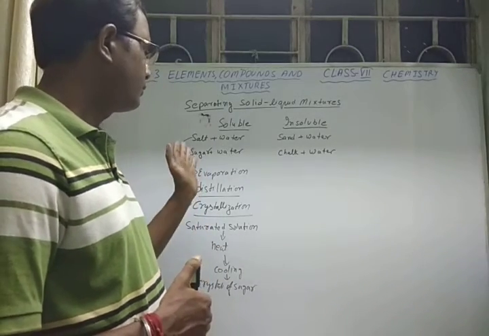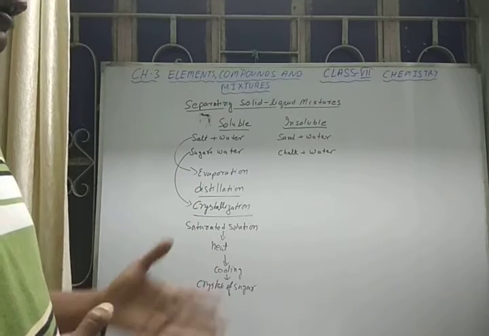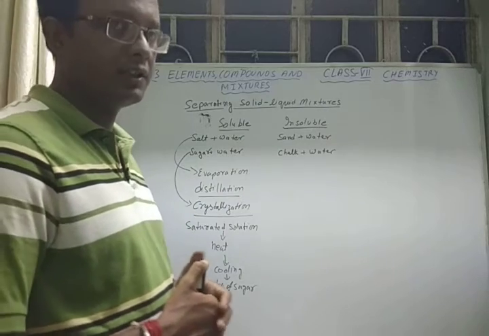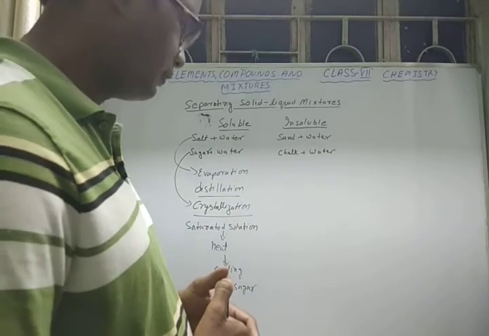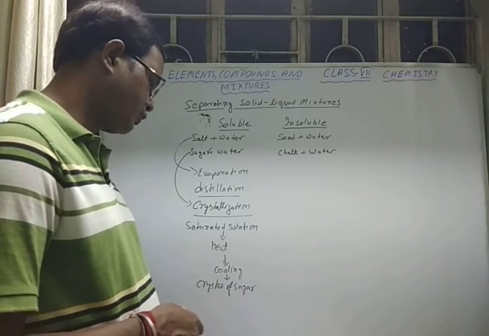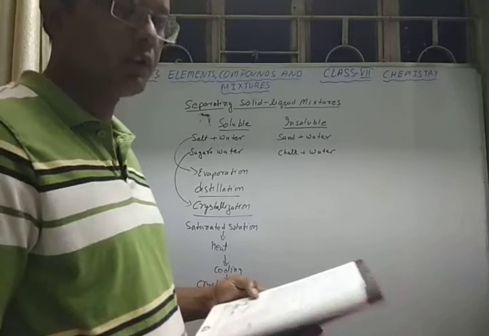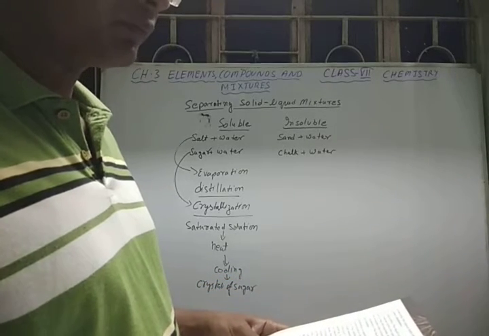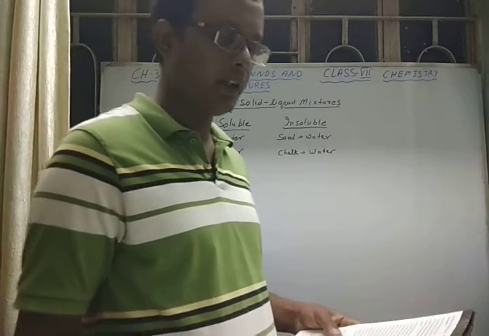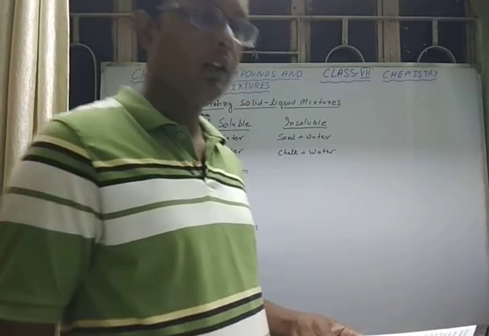Since you are getting crystals of sugar on cooling, this whole process is called the crystallization process. This method is used for obtaining pure sugar and salt crystals from their respective solutions in water. The crystals grow in size and become separated from the remaining solution, called the mother liquid.